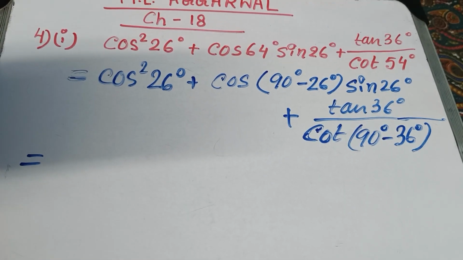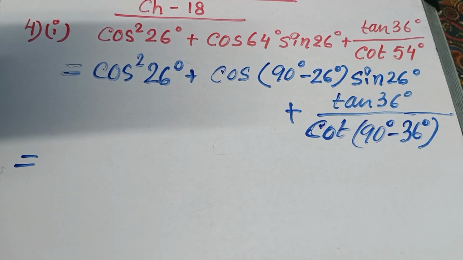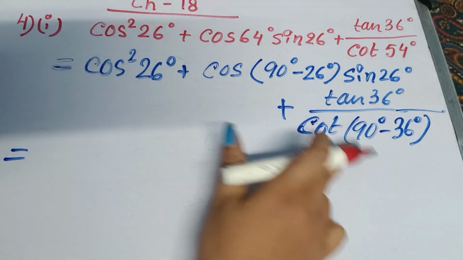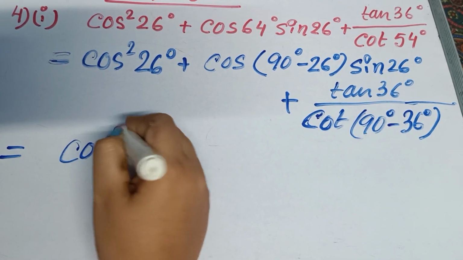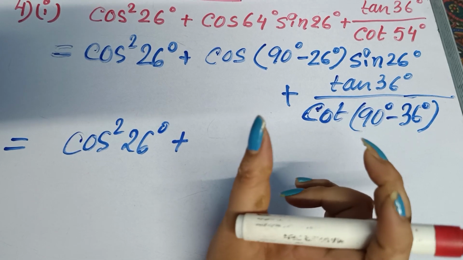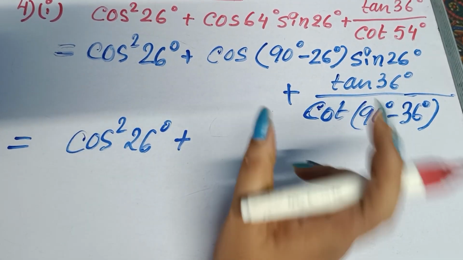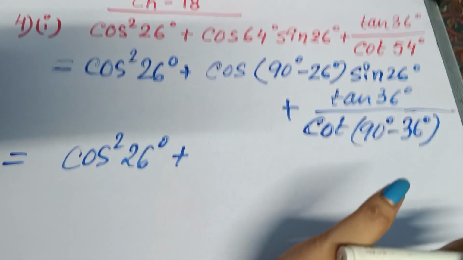After getting used to these sums, you can do it very easily, without this one step also. The basic thing is which angles we are adding and which angle sum is coming to 90 degree. That is very important that we have to see here.